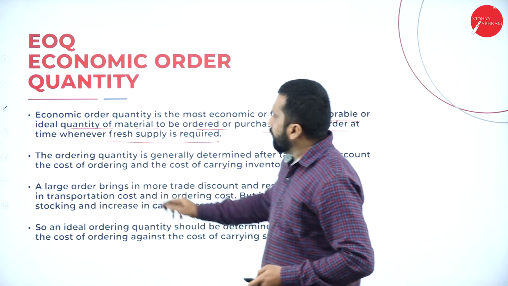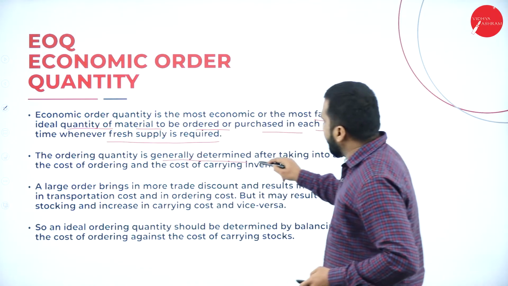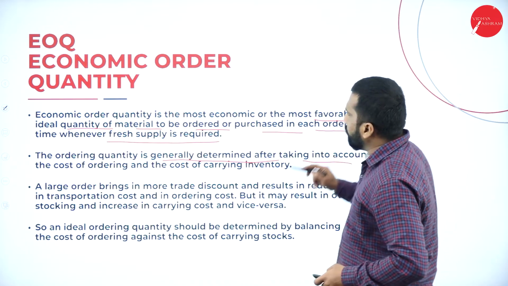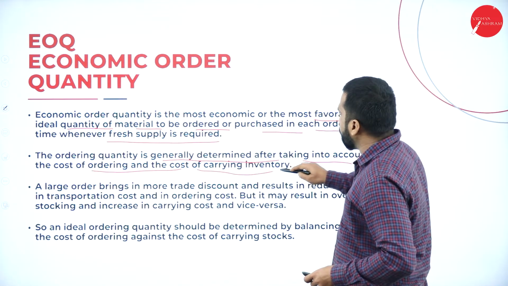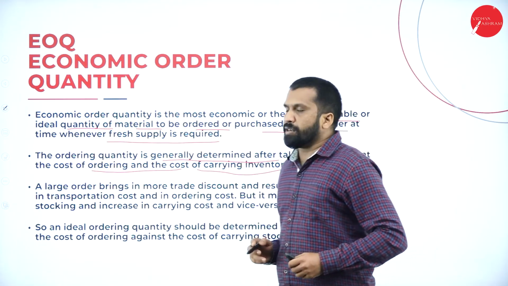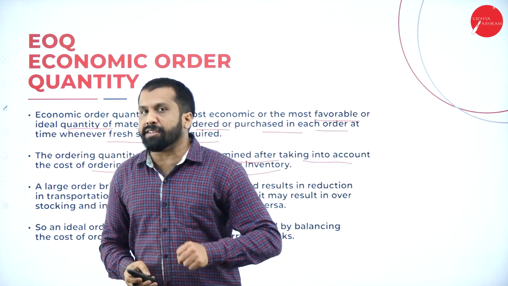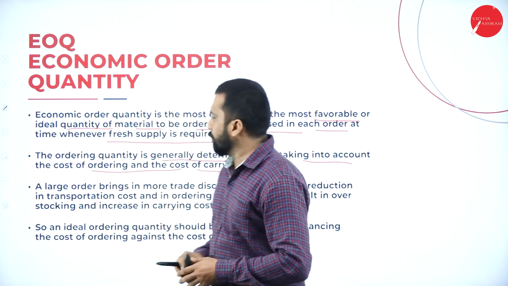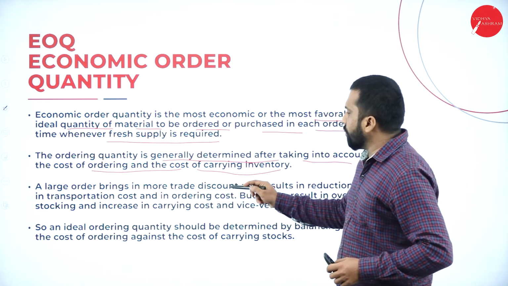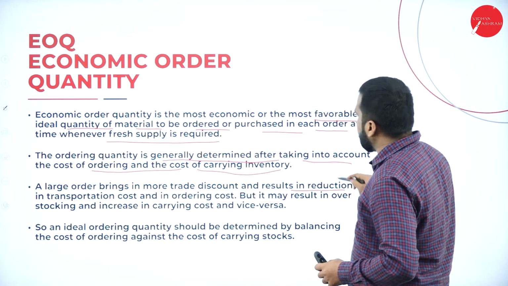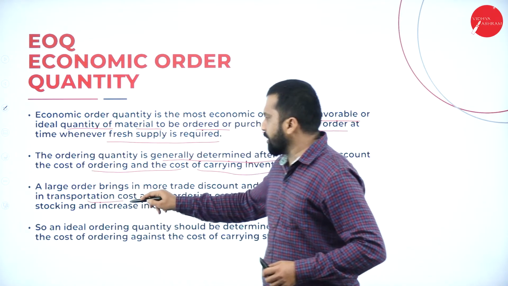Now, the ordering quantity is generally determined after taking into account the cost of ordering and the cost of carrying inventory. The cost includes what? Carrying cost and order cost, both are included. A large order brings in more trade discount and results in reduction of transportation cost.